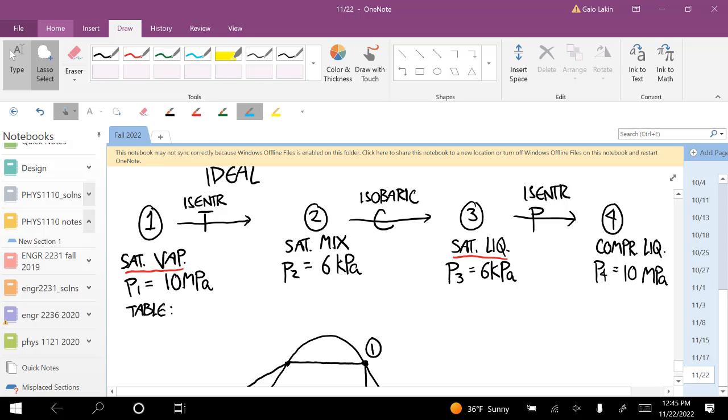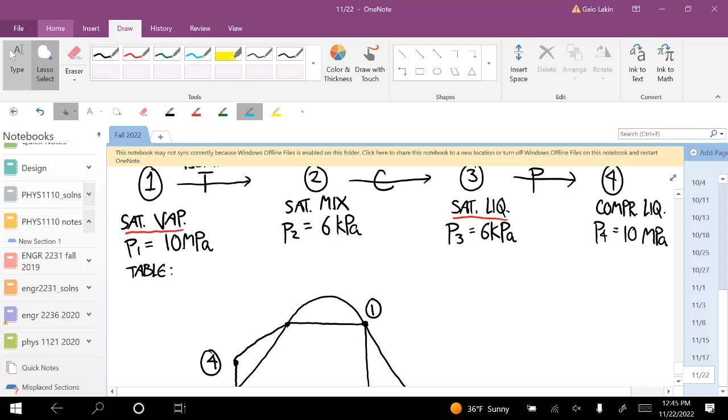So we can just look those right up. And if you look them up, you get H1 is 2724.7 times 10 to the third. And state 3, H3 is 151.53 times 10 to the third.